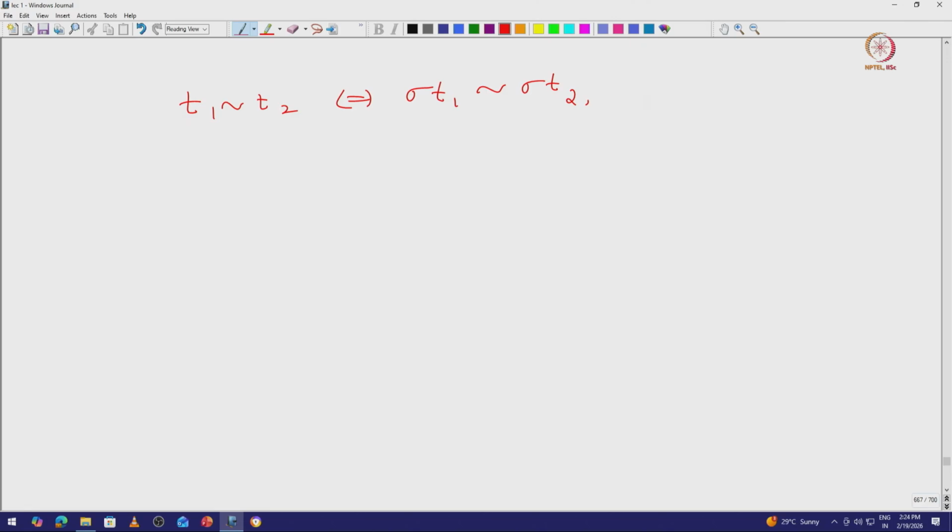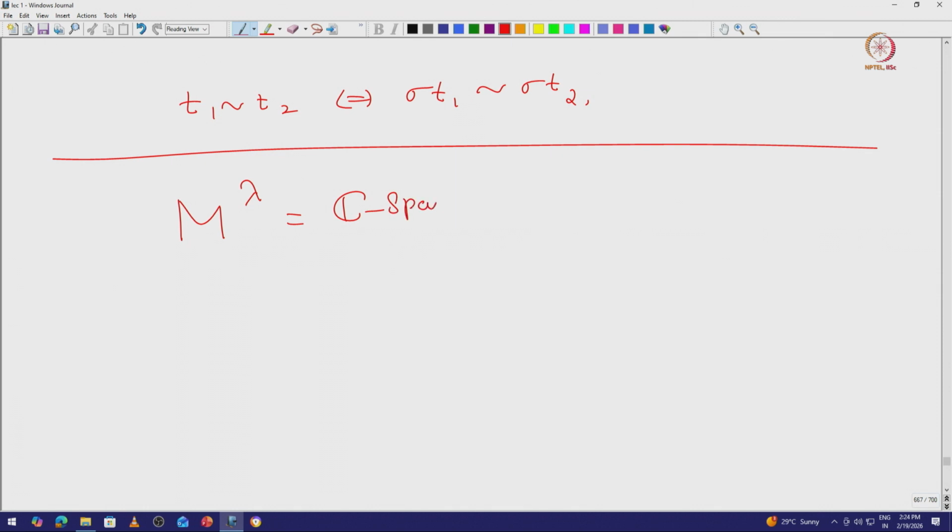Now we take this action and call M lambda the C-span of these tabloids T lambda. That means you take the free vector space spanned by T lambda over C. Since Sn acts on T lambda, Sn acts on this M lambda.